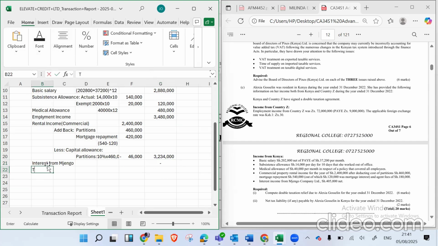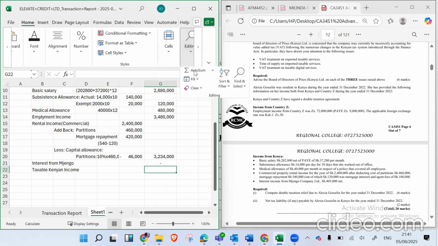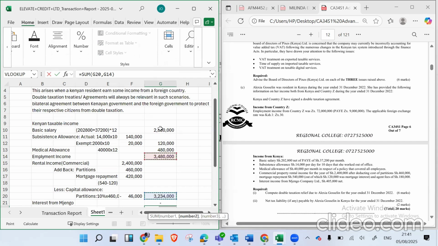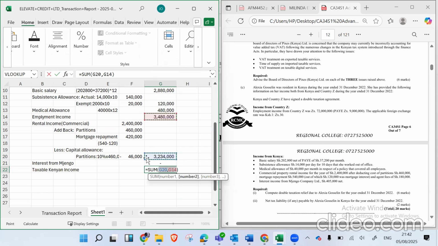So you have the total taxable Kenyan income, which is the summation of that. So employment income tuko nayo hapo na tuko na hiyo.